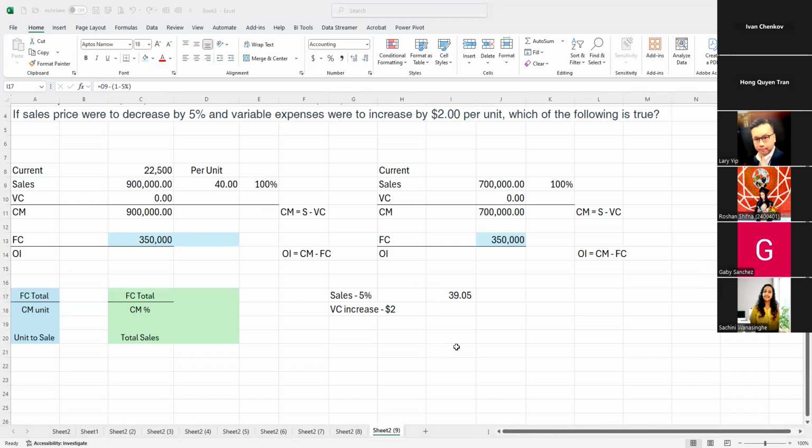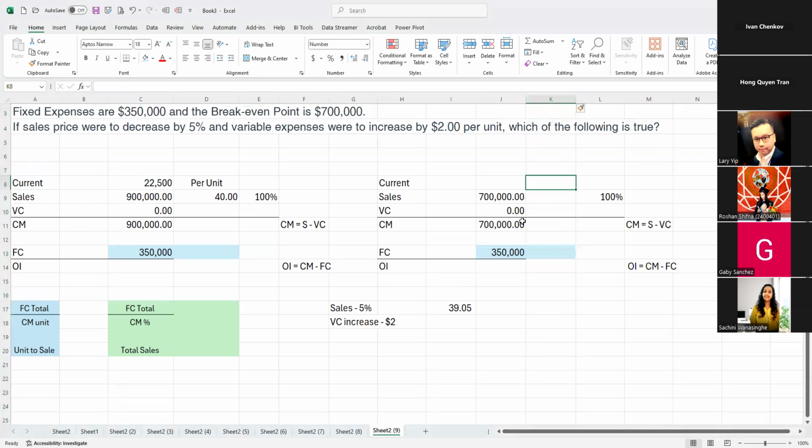Now the variable cost. Am I missing something here? Fixed expense at this much and the break-even point is 700. So at the break-even, let's go with the break-even, people. If we know my sales price per unit is $40, correct?